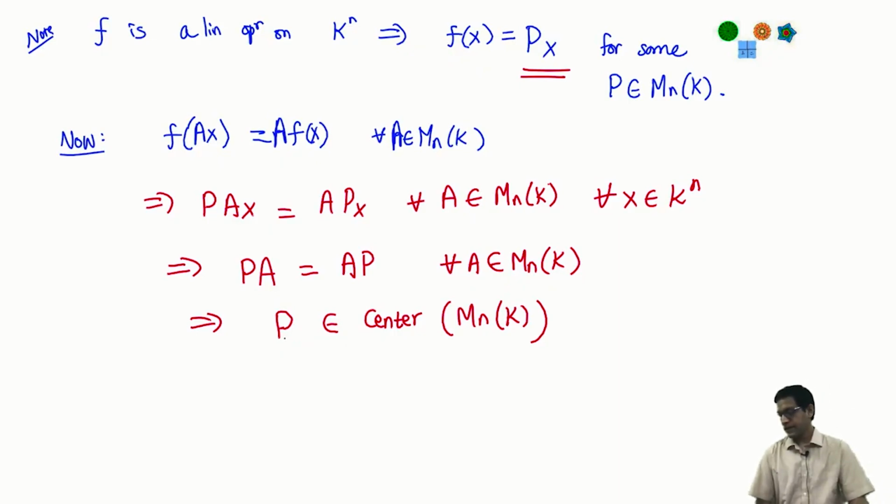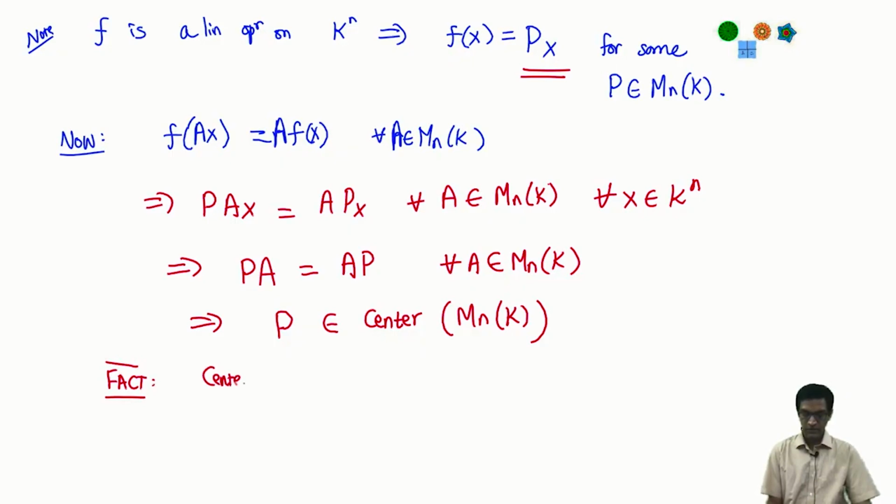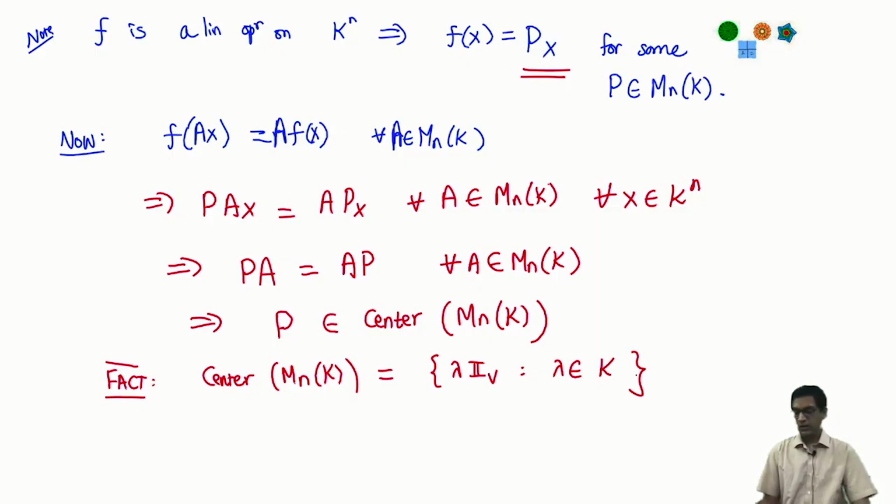Okay, and here's a little fact which maybe we will prove during one of the tutorials, is that the center of the ring of matrices, in other words the set of matrices which commute with all matrices, is nothing but the scalar matrices. These are the only ones which commute with all matrices, okay, set of all lambda I for lambda in K. Okay, so what this means is that this matrix P is actually a scalar matrix.